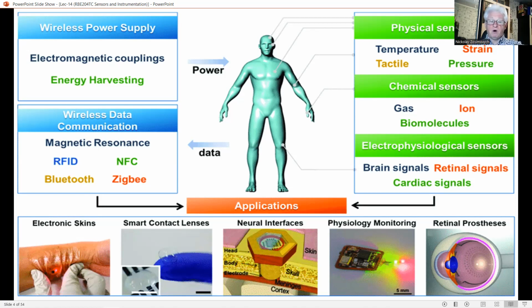Several examples of sensor systems in both of these categories will be introduced in this lecture and further studied in our subsequent lectures. Our lecture concerns both individual sensors and sensor systems.